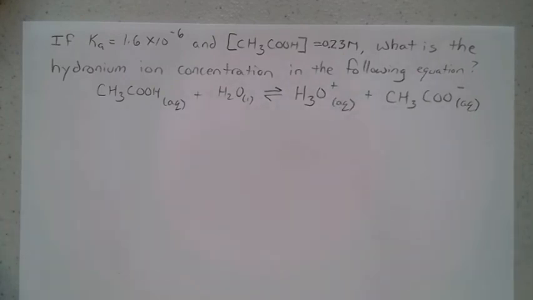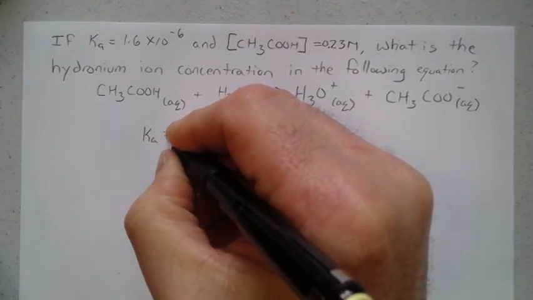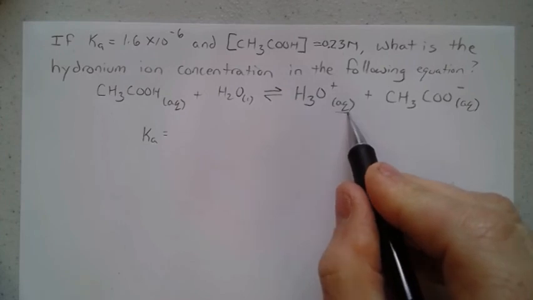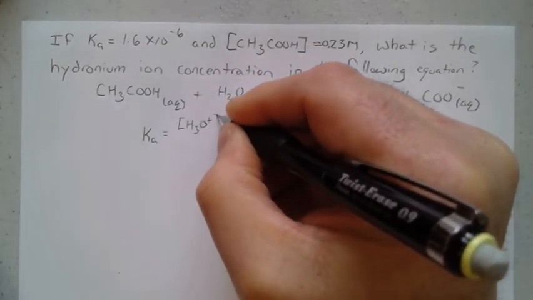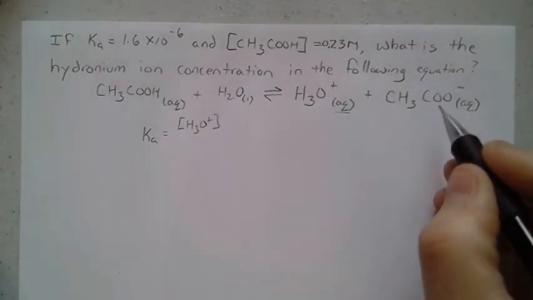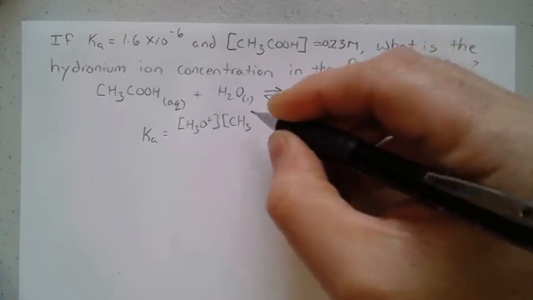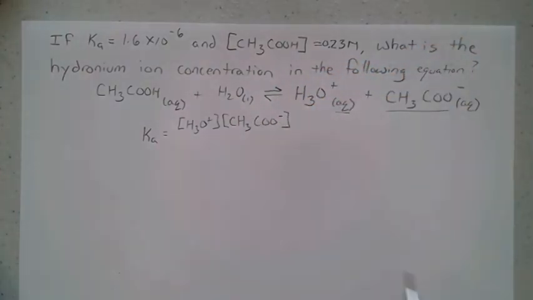So the first step is we have to write out the Ka expression. Just like Keq, it's products over reactants. So this is aq, so I'm going to take the concentration of hydronium multiplied by the concentration of acetate, which is this ion here.